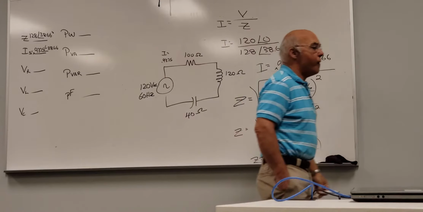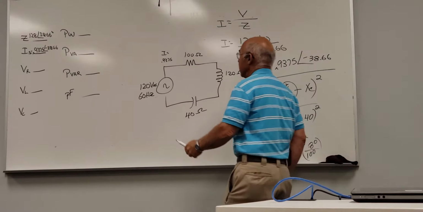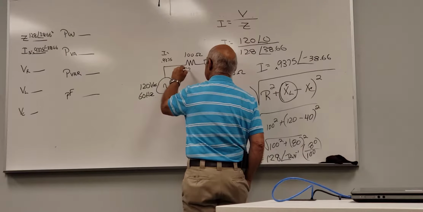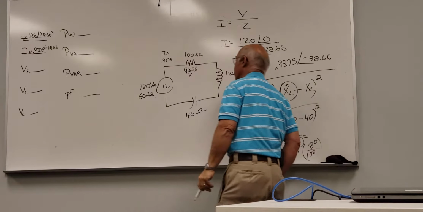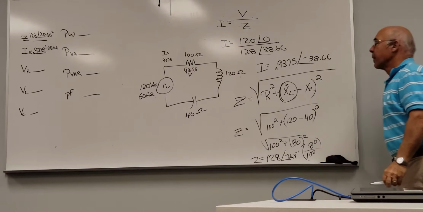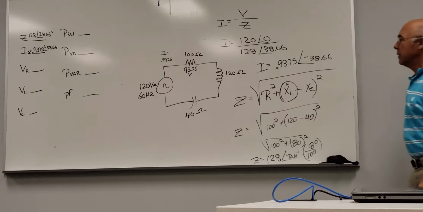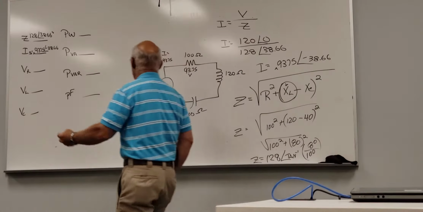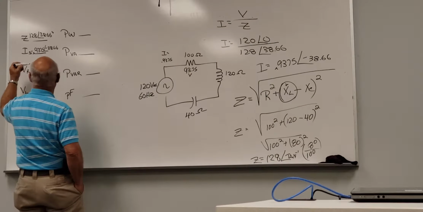Now, if I need to know the voltage across a resistor, it's simply the current through the resistor times the value of the resistance. So 100 ohms times 0.9375 gives me 93.75 volts across the resistor. Same thing's true for the inductor.